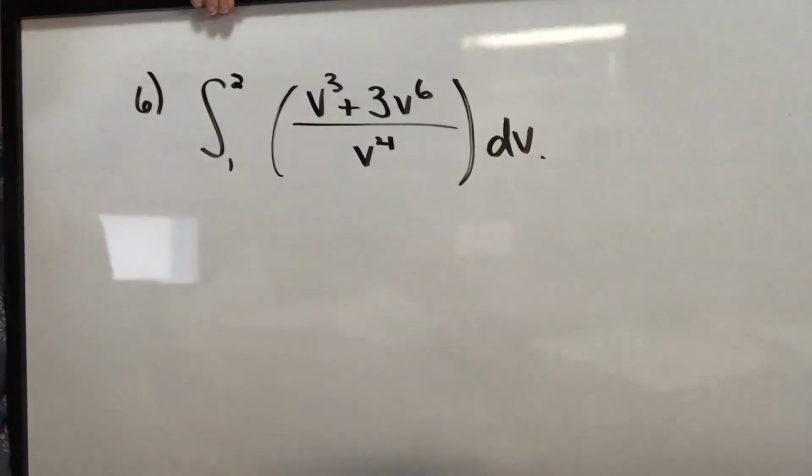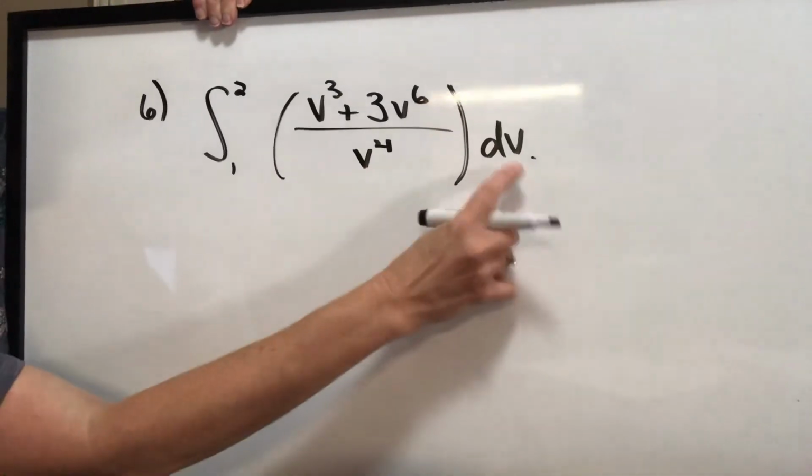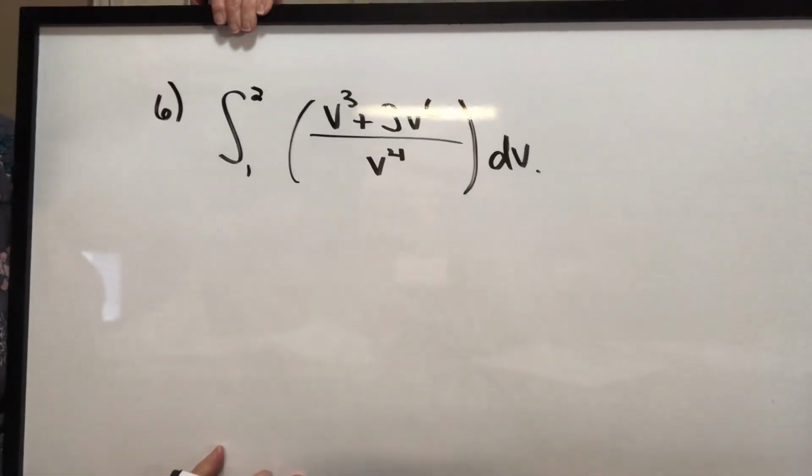Okay, so another variable v. That v just means this is going to be v over here. No difference though in how we solve the problem.